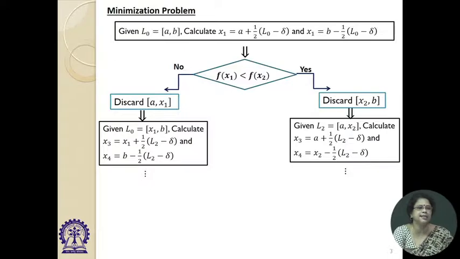Again we will consider the middle value of that interval. Then we will consider 2 new approximations for the optimal solution as x3 and x4, and that would again be delta by 2 distance from the middle value, on the right hand side and the left hand side.